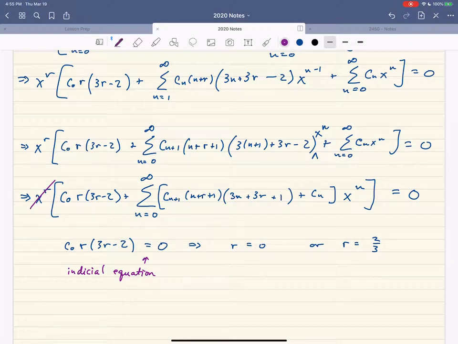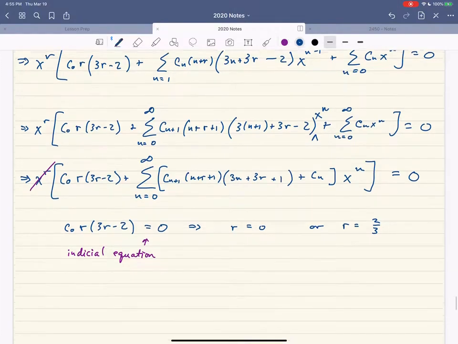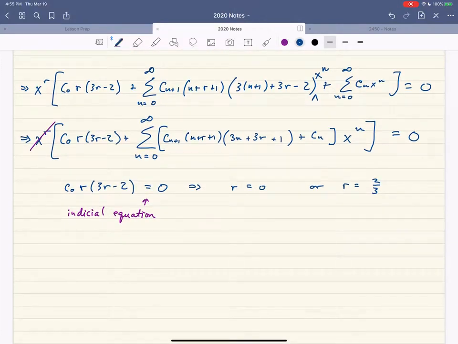So now we need to think about what's going to happen in both cases. In either case, let's just look at this sum being equal to 0. What that means is that we must have that c sub n plus 1 times n plus r plus 1 times 3n plus 3r plus 1 plus c sub n is equal to 0 for all n greater than or equal to 0.